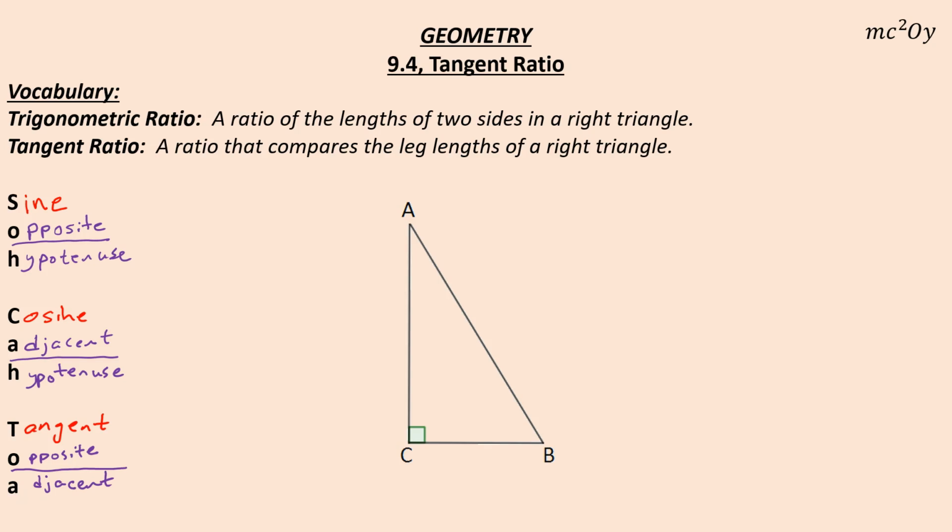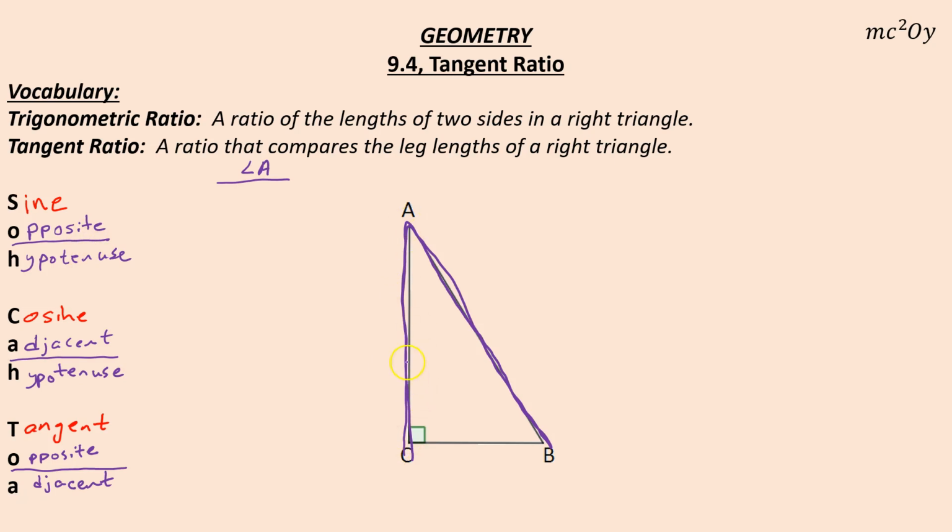And so to describe that, what I'm going to do is I'm going to deal with angle A. Using angle A as my reference, what I mean by that is I am dealing with this angle, angle A. Notice I traced it. Angle A is my reference. The sine of A would be equal to a ratio of those side lengths.